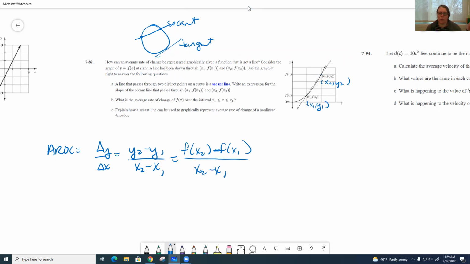And then it says, what is the average rate of change of f of x over the interval from x sub 1 to x sub 2? Okay, the slope of the secant line is the average rate of change. So when it says here, explain how a secant line can be used to graphically represent average rate of change of a nonlinear function, the average rate of change is the same thing as the slope of the secant line, which just means slope.